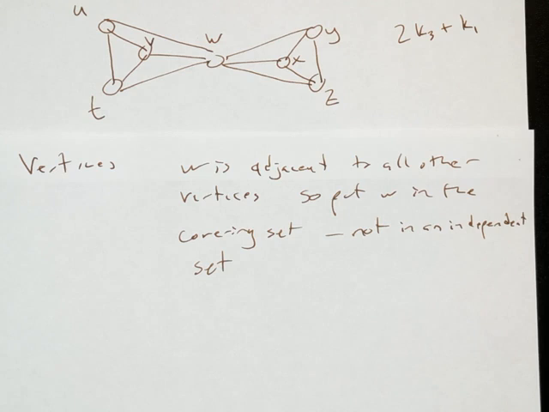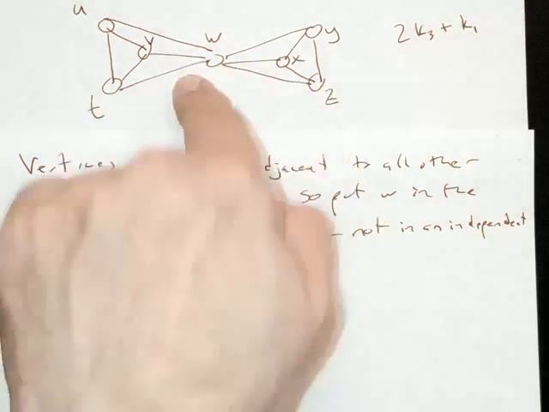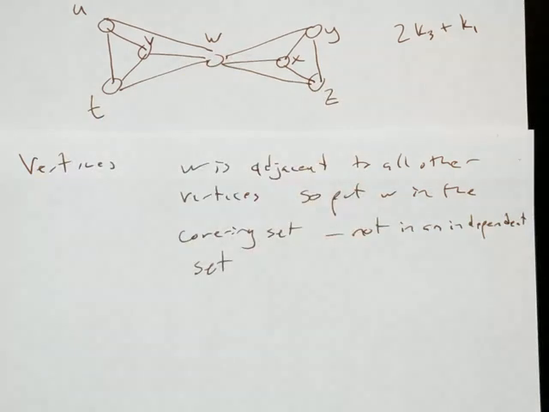But W already covers a whole bunch of other stuff, doesn't it? Really, I can make a vertex cover from 2 of each triangle and the 1 in the middle. Hey, wait a minute. 2 from each triangle and 1 in the middle versus 1 on each triangle.